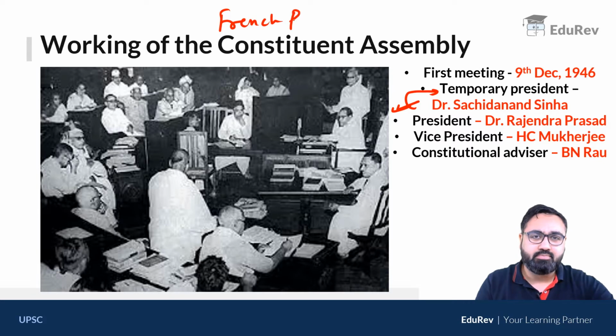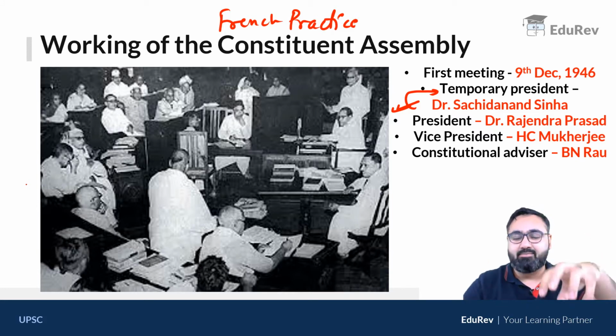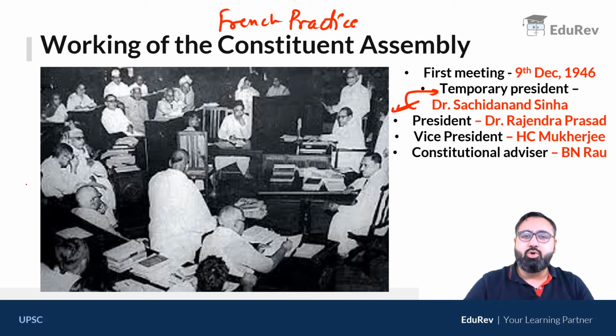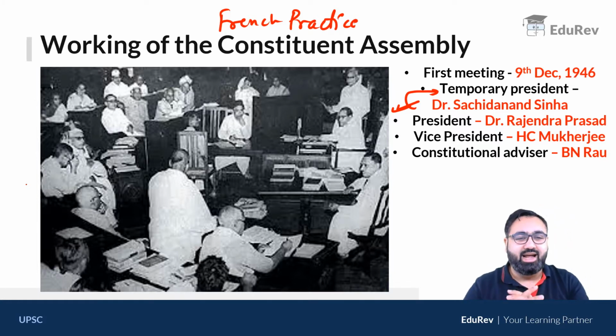In France, when the parliament starts on the very first day, since you don't have someone to preside over the house, and to conduct the election you need someone presiding over the house, you elect the senior most member. So Dr. Sachidanand Sinha, by virtue of being the senior most member of the house, was elected as the temporary president.